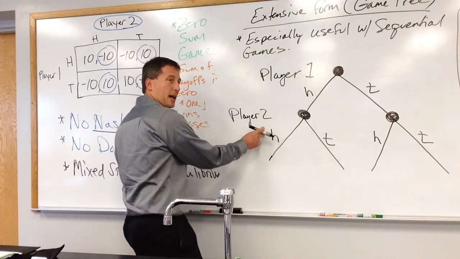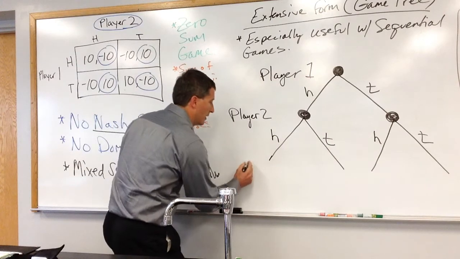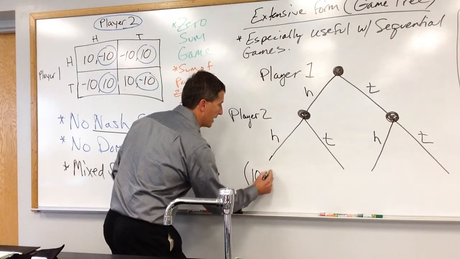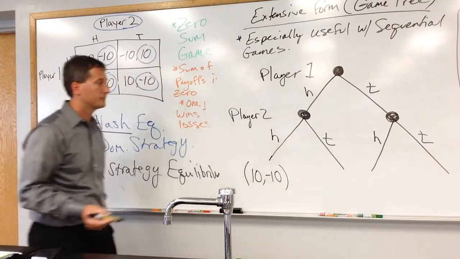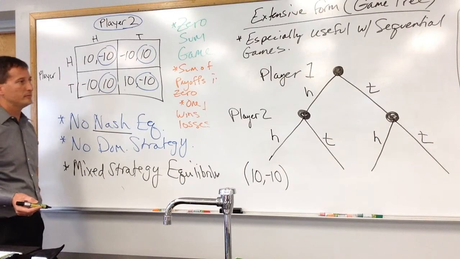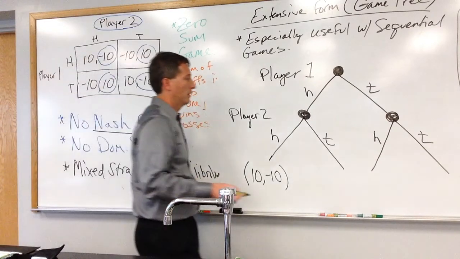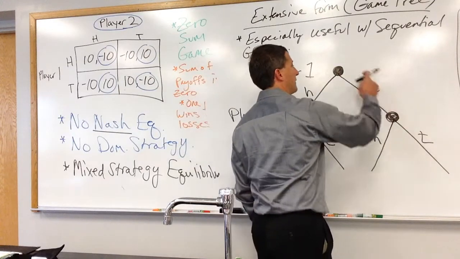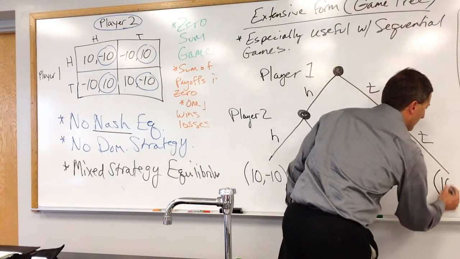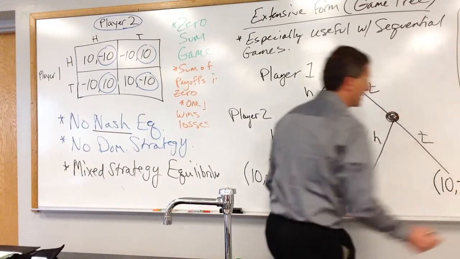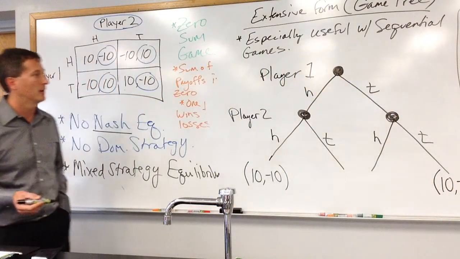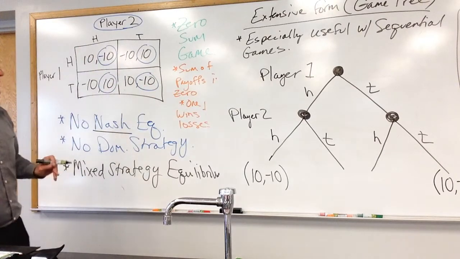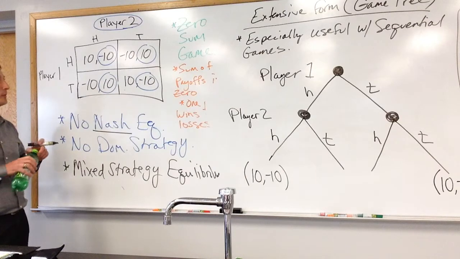If it's head-head, the 2 coins match, player 1 wins. So our solution was first entry's 10, second entry's negative 10. And same was true if both coins were tails, player 1 would win. 10, negative 10 is the payoffs, which are exactly what's up here in the strategic form, or the payoff matrix form.